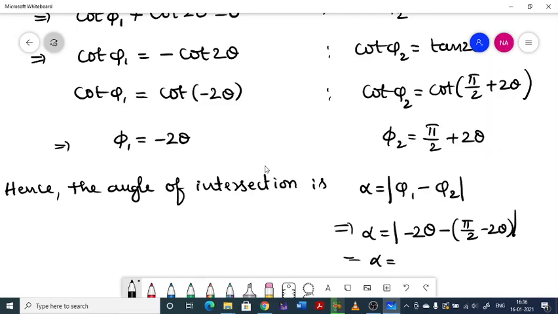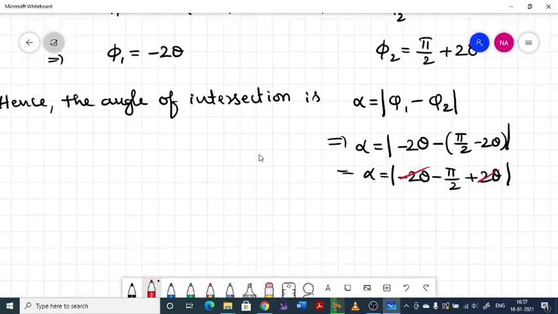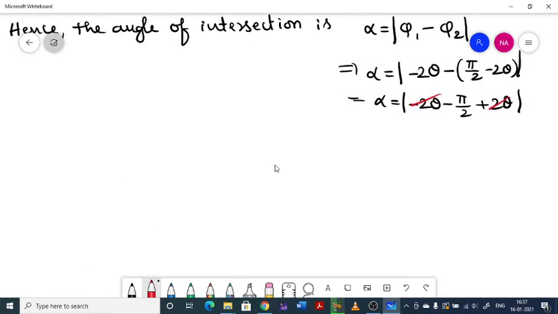So alpha equal to minus 2 theta minus pi by 2 minus 2 theta. So 2 theta get cancelled. Therefore alpha equal to pi by 2. So here also the given pair of curves intersects orthogonally. Now the next problem.